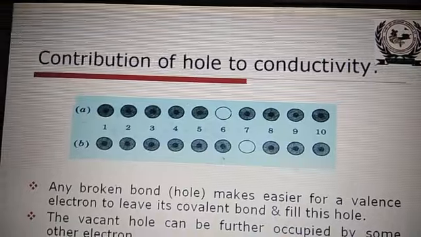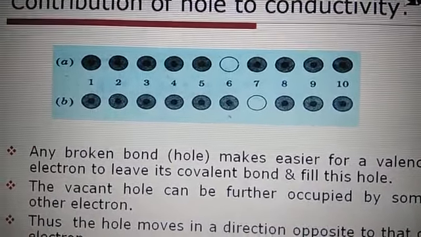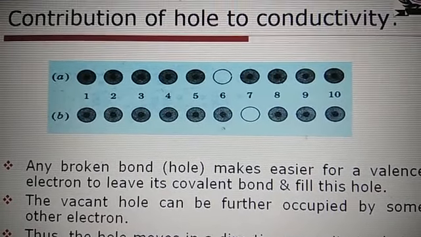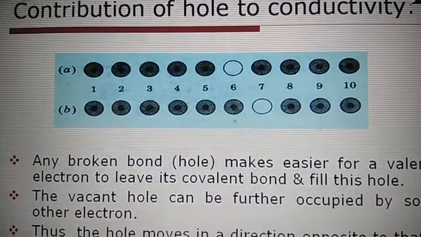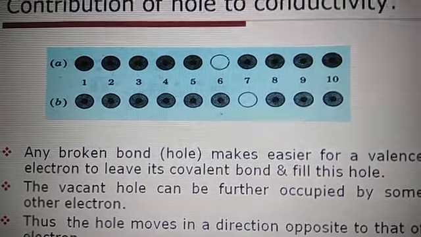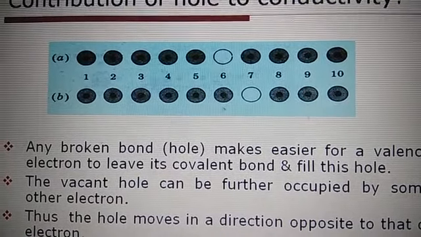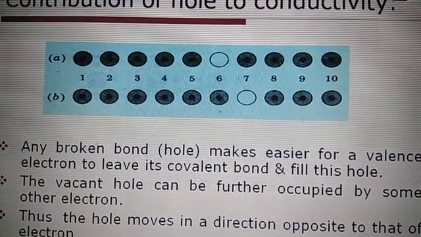Then, contribution of hole to conductivity. Here figure A and figure B are shown. After breaking the covalent bond, a hole is created. Numbers 6 and 7 are the holes shown. So this will move.